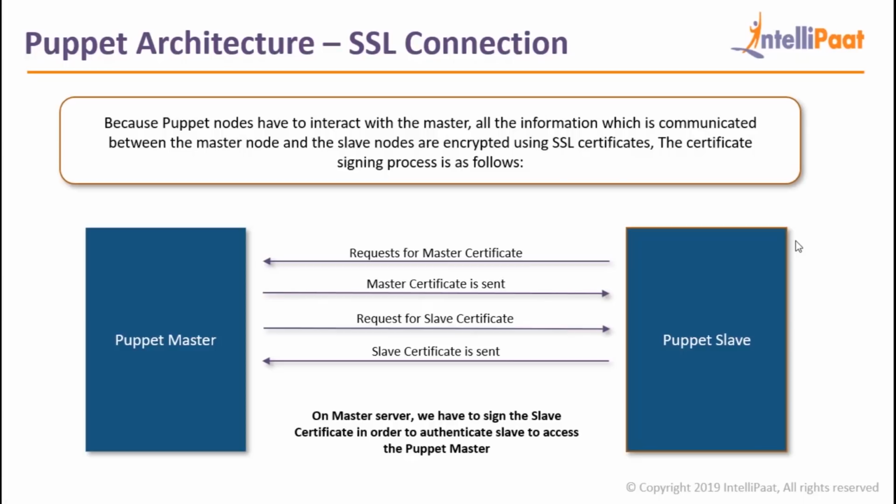So it knows where the Puppet master is, and it sends the request to the master. The master in turn sends the master certificate, and at the same time it also requests the slave certificate. When the master requests the slave certificate, the Puppet slave sends the slave certificate, and now we have to go to the Puppet master.